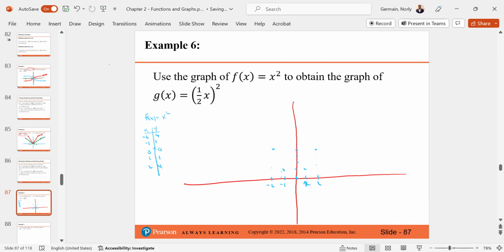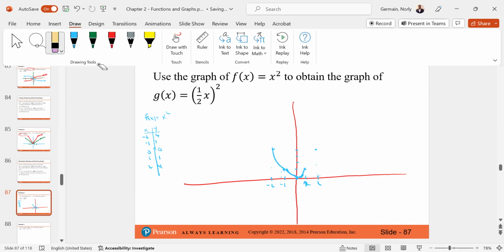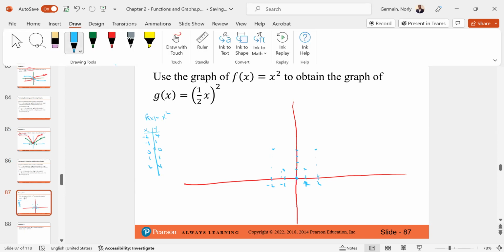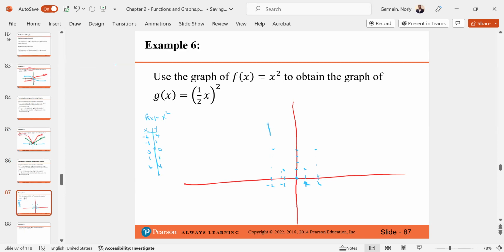Now we know it's a parabola, not a V. Yeah, I'm terrible at graphing with my pencil, but we're going to try it again. Our vertex is at 0, 0. This is a sketch of the graph.